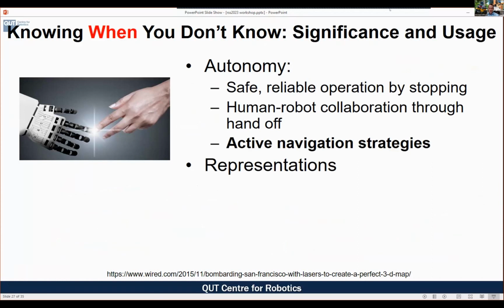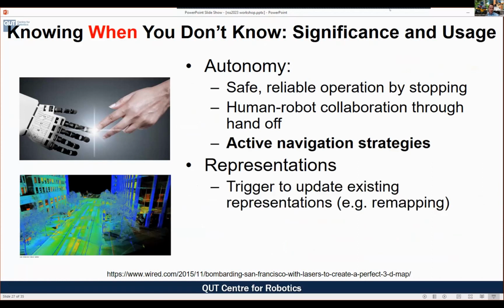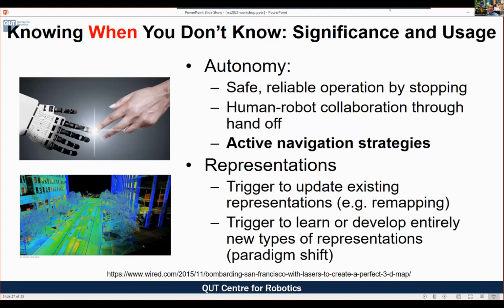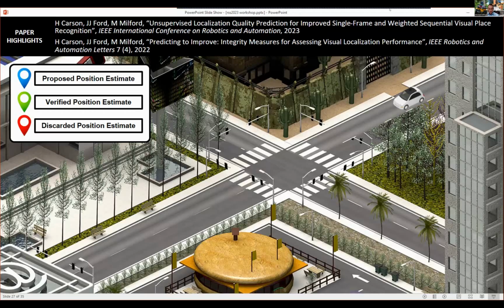If you're in a navigation space, just to pick one example, you can use this understanding that you don't know what you're doing to trigger an update of your existing representations. You might remap your environment, for example. And now that we do have end-to-end learning capabilities, if you know that you're really struggling, you can trigger a complete end-to-end relearning of what you're doing from scratch.